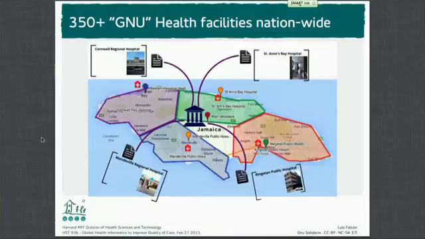This is part of how we are segmenting the country and the different health institutions. And of course, they started with primary care centers, and they will go up to more specialized institutions.